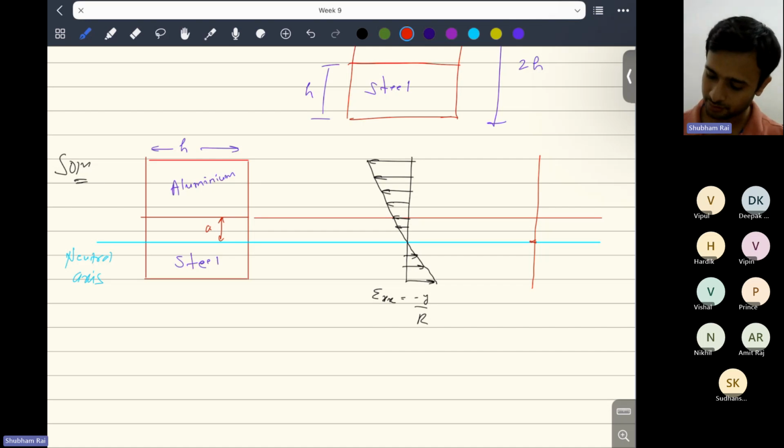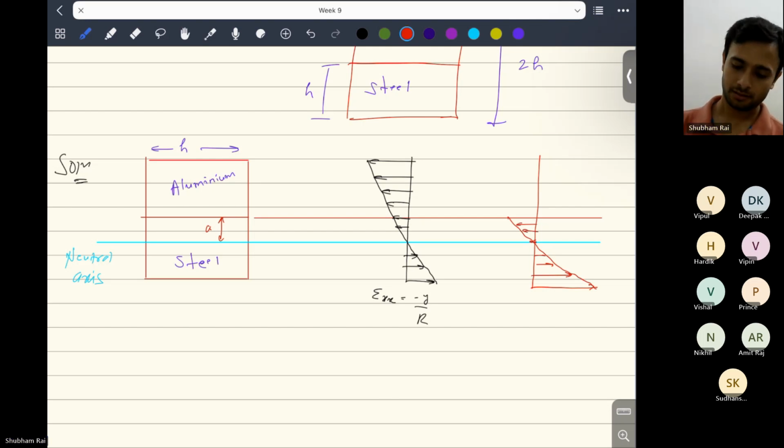And that will be E of steel here. So let's say start from here and then it goes like this. Now here, this is in steel.